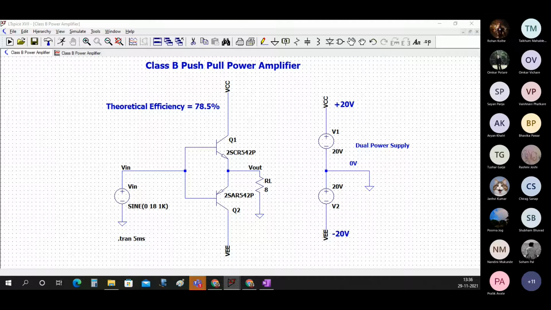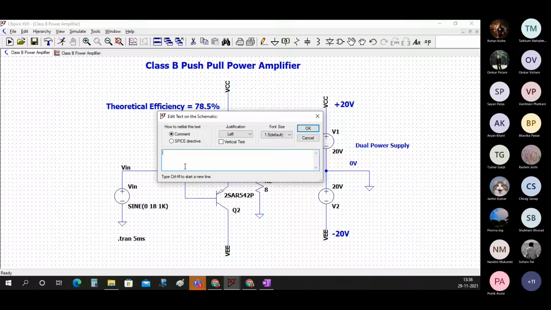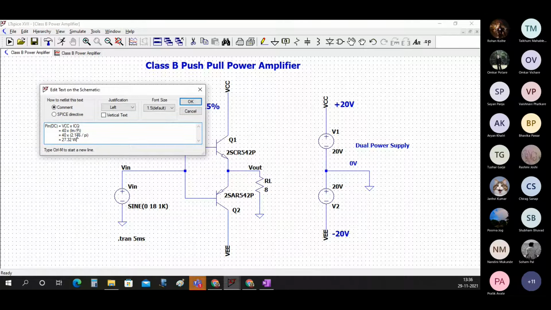So let's use this formula. P in DC is VCC into ICQ, and ICQ is nothing but Im by pi. That is the standard formula for any sinusoidal waveform.